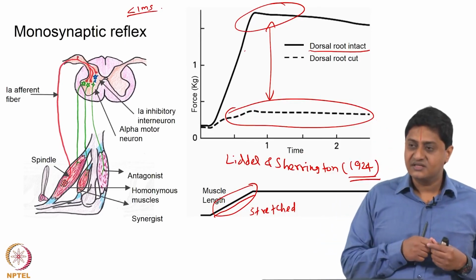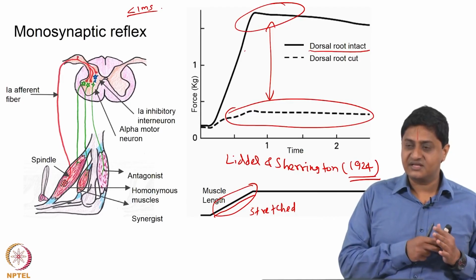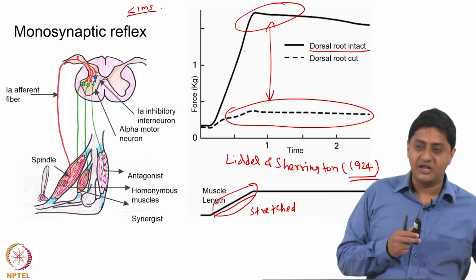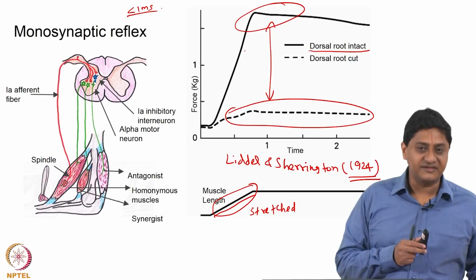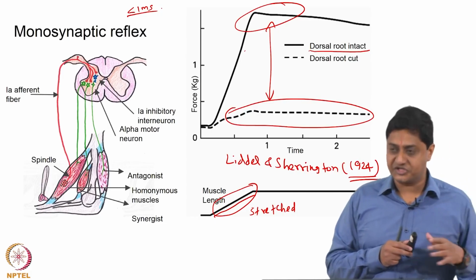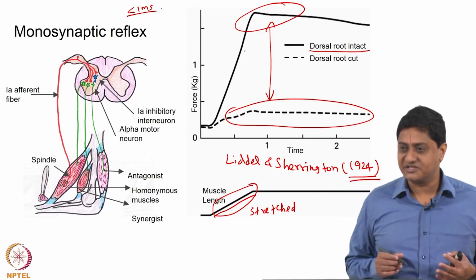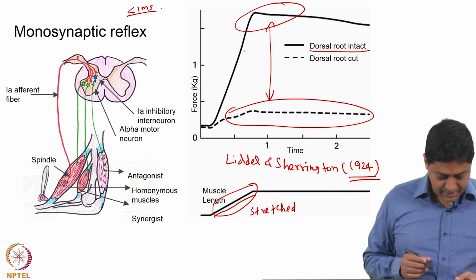The other case is the crossed extension reflex, in which the limb on the other side of the body experiences extension. I just wanted to mention why these things are even being studied.